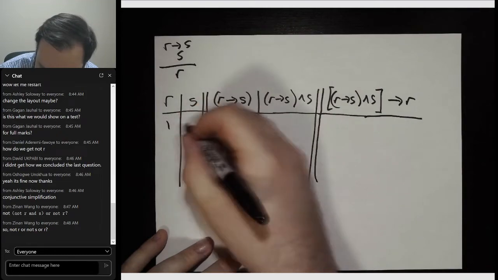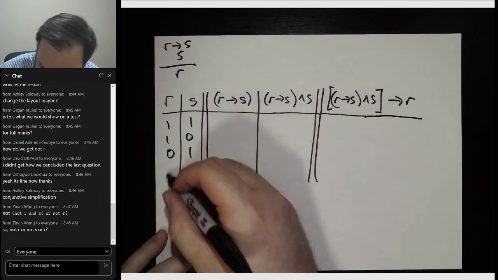So let's look at our 4 cases: 1, 1, 1, 0, 0, 1, 0, 0.